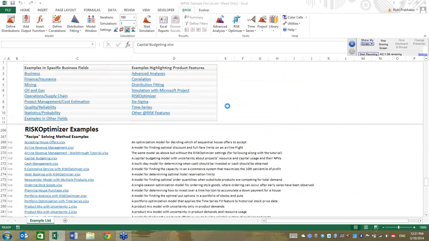Unfortunately, due to the nature of the medium that we're looking at here, the optimization is running very slow. For anyone who has seen RISKOptimizer run in real life, you'll know that it's nowhere near as slow as this. But just to give us a solution in half the time, I may reduce the number of iterations down to something tiny like 50.